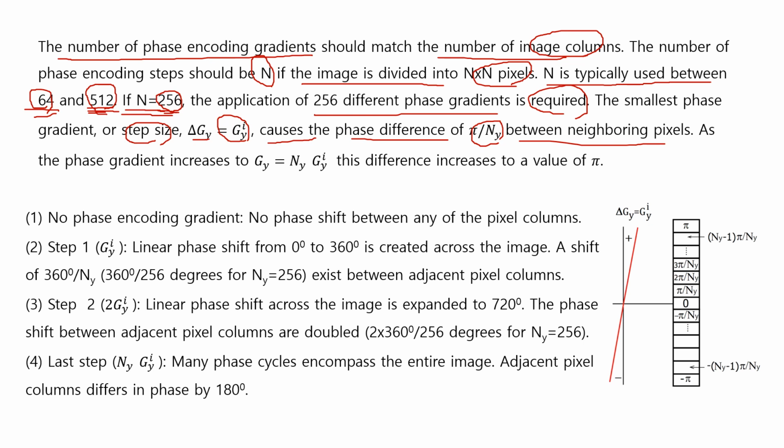So here, if we use this smallest gradient, then the phase difference between two adjacent pixels is pi over ny, and the phase difference between the center and the edge is pi.